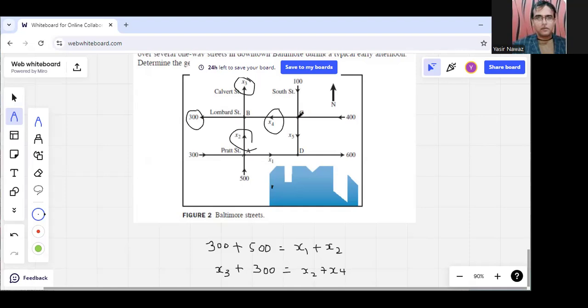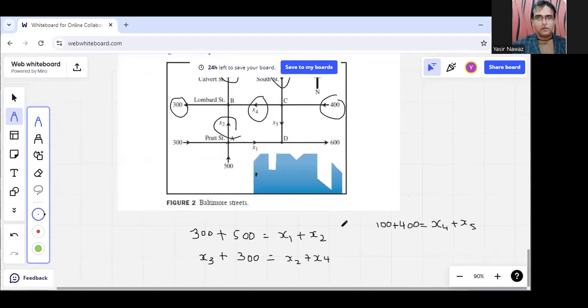Similarly, on point C, the incoming traffic is 100 and 400. 100 plus 400 is equal to what is going out, x4 plus x5.